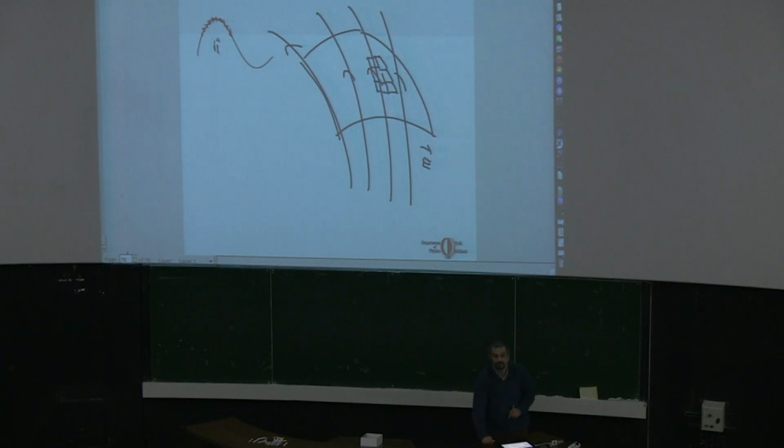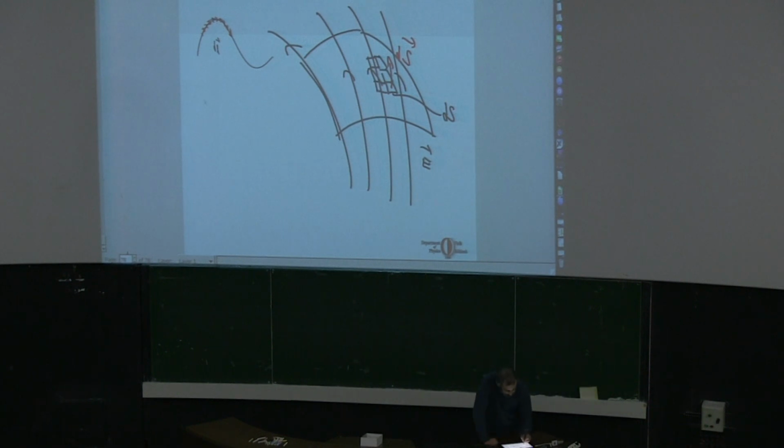Now, all of these surfaces are flat. They have an area ds. And I should also assign a direction to them. I can just choose upward to be my positive direction. So this will be my ds vector.